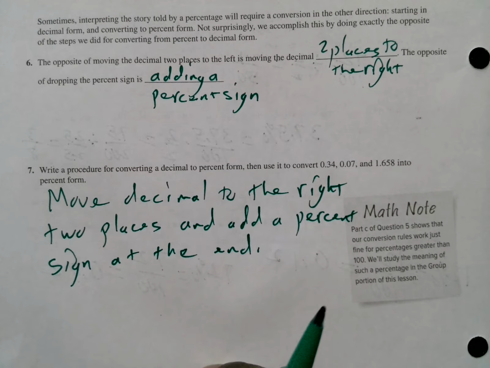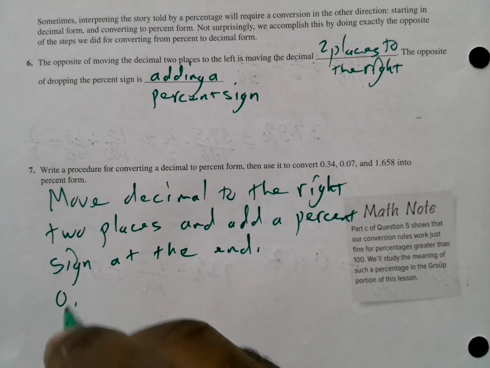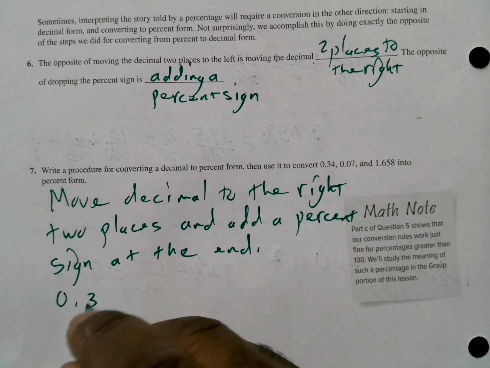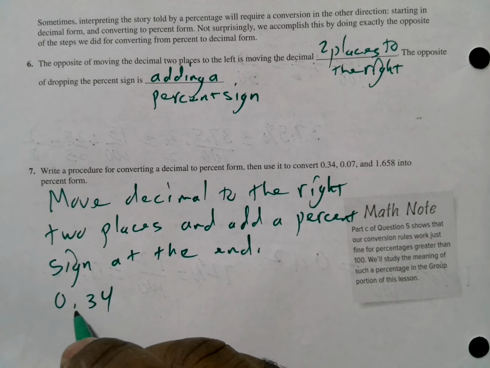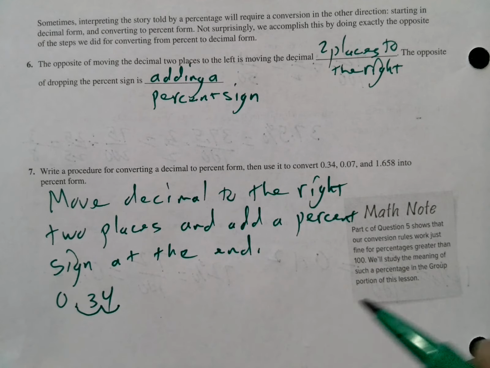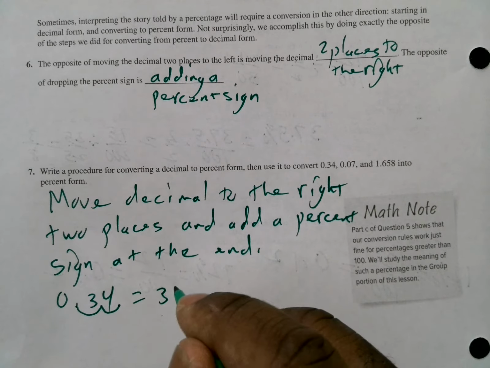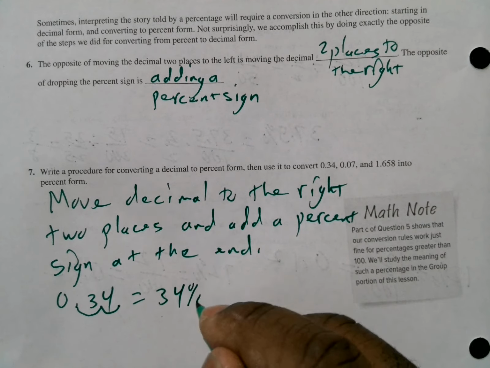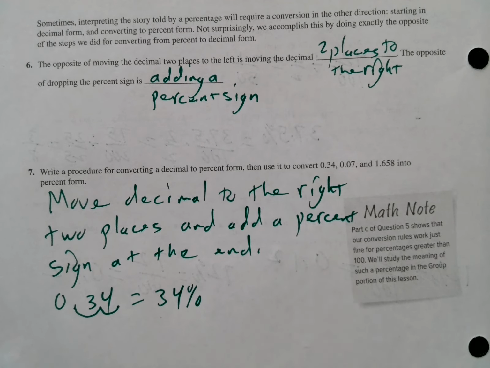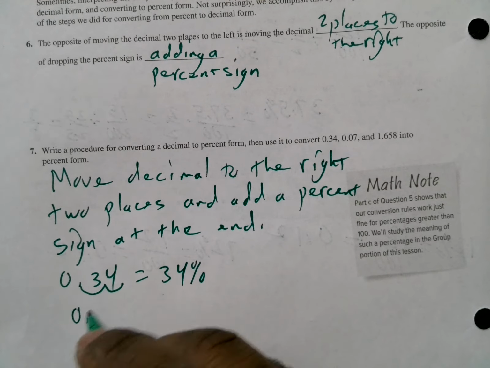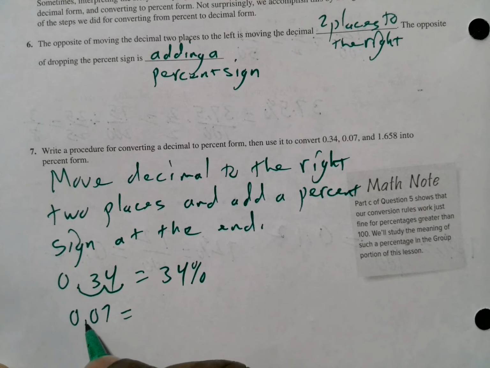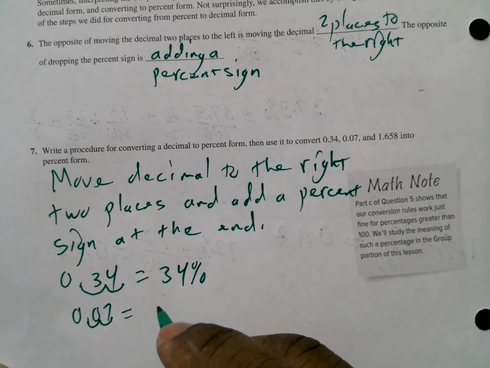So now, in practicing this, let's take the 0.34. So we would have to take this and move the decimal 2 places to the right. So that would give us 34, and we'll put our percent sign at the end. Next, we have 0.07, and we would do the same thing. Move it 2 places to the right.